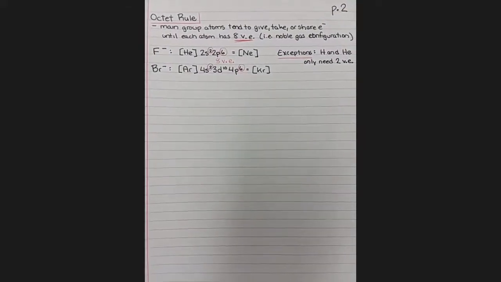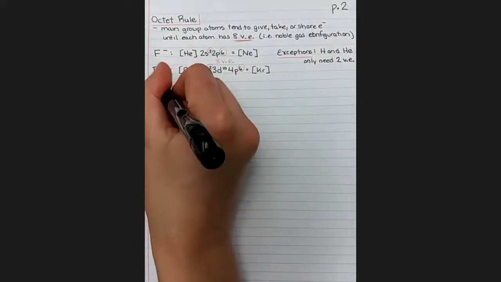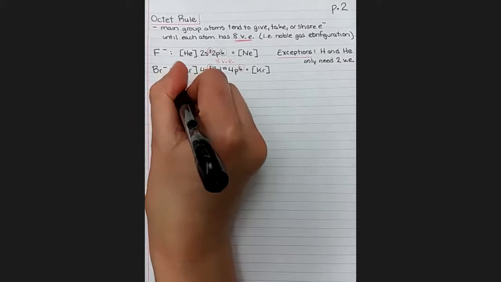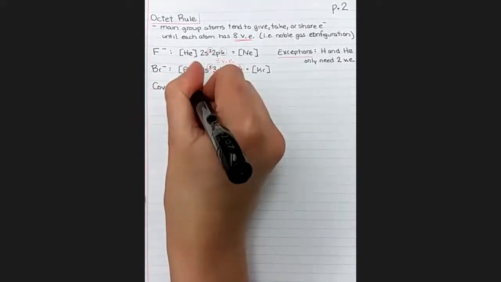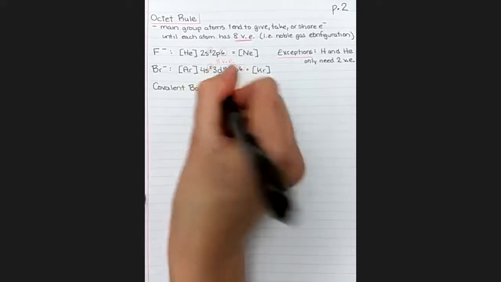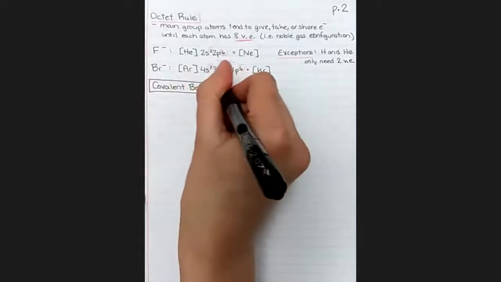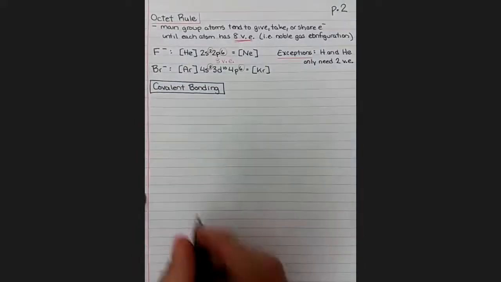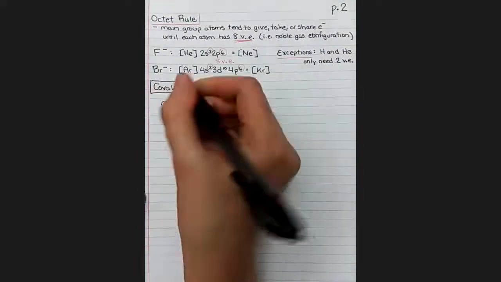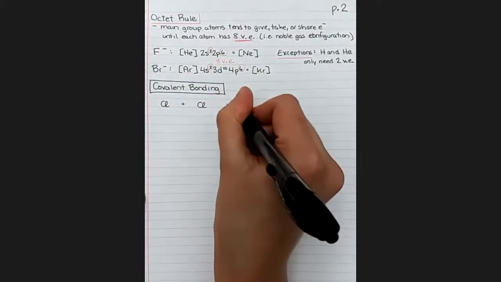All right, so let's put this new tool, the octet rule, into action and look at covalent bonding. Do some sharing. We'll do the same one that we did the first time we introduced covalent bonding, which is bonding 2 chlorine atoms together.